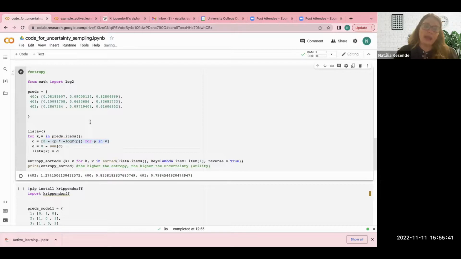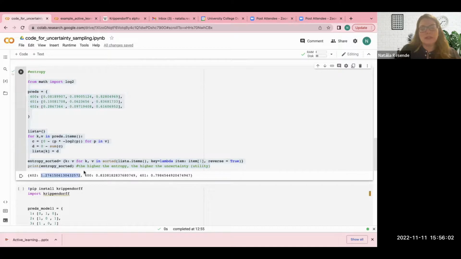So in the slides you can find the formula here, and this is the code associated with the entropy. Here it is rank ordered. So instance number 402 is the one with the highest entropy score, right?